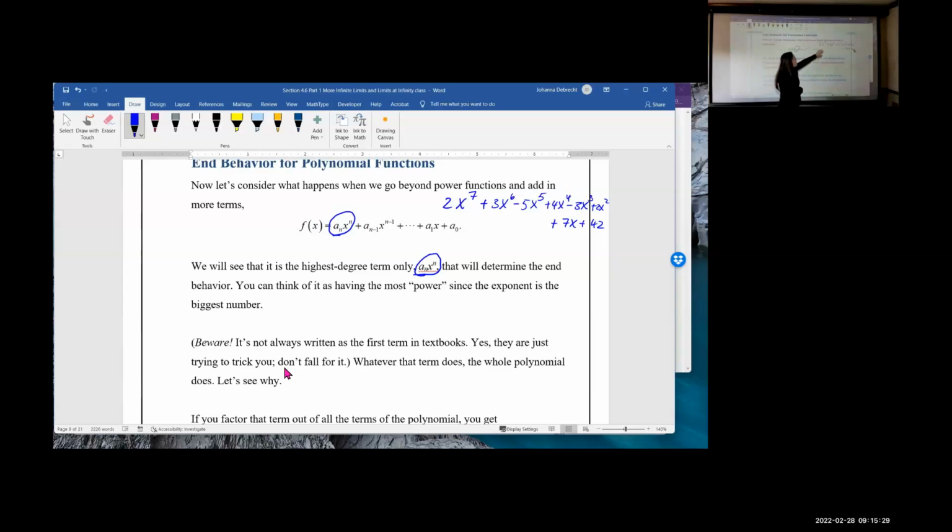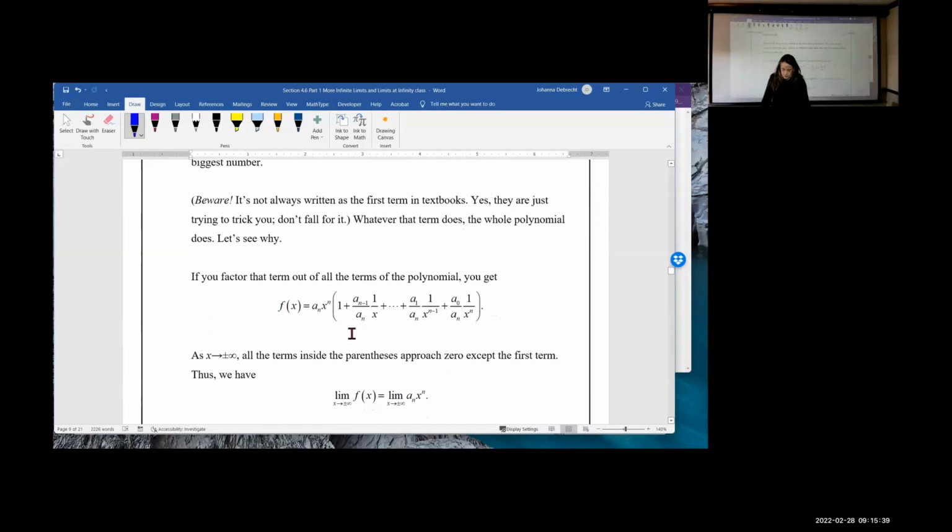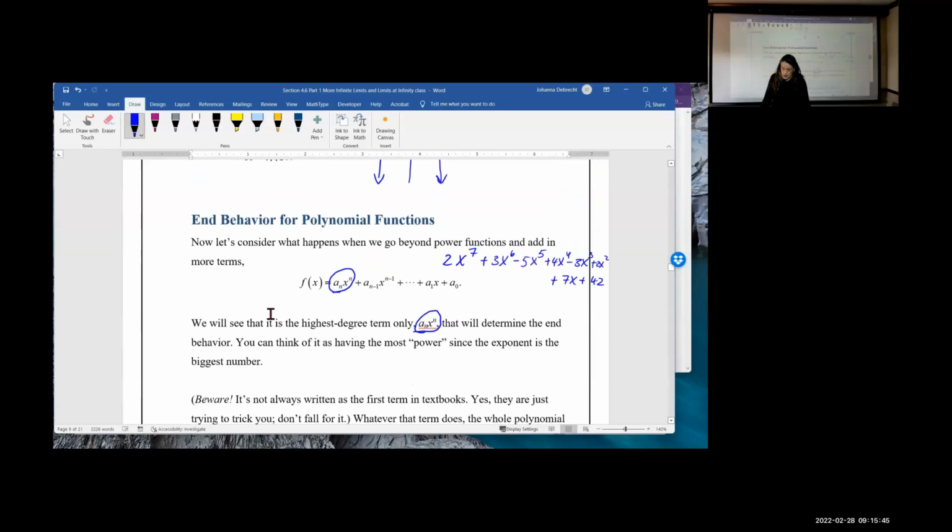Okay. So 2x^7 is our highest degree term. And what we want to do is factor out the x^7, which is what they're doing right here. So they're factoring out the highest degree term, and what happens is it leaves a fraction behind.